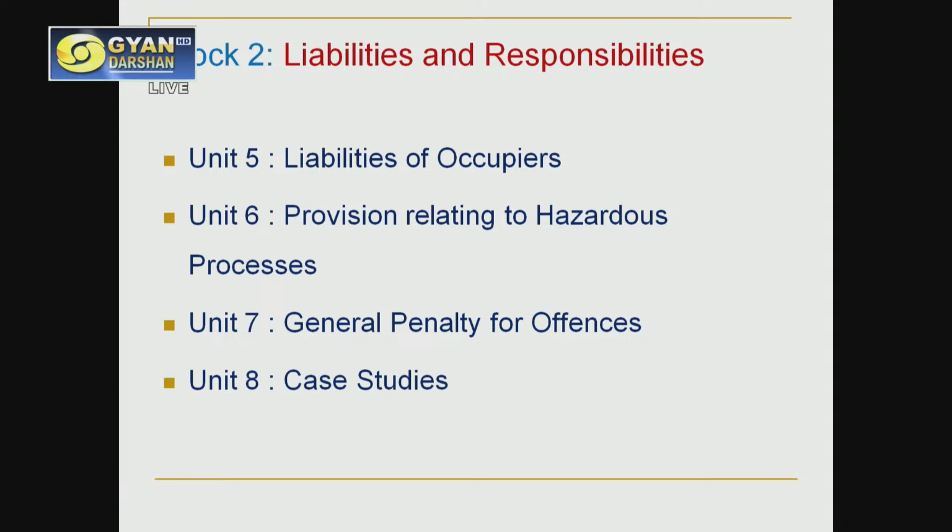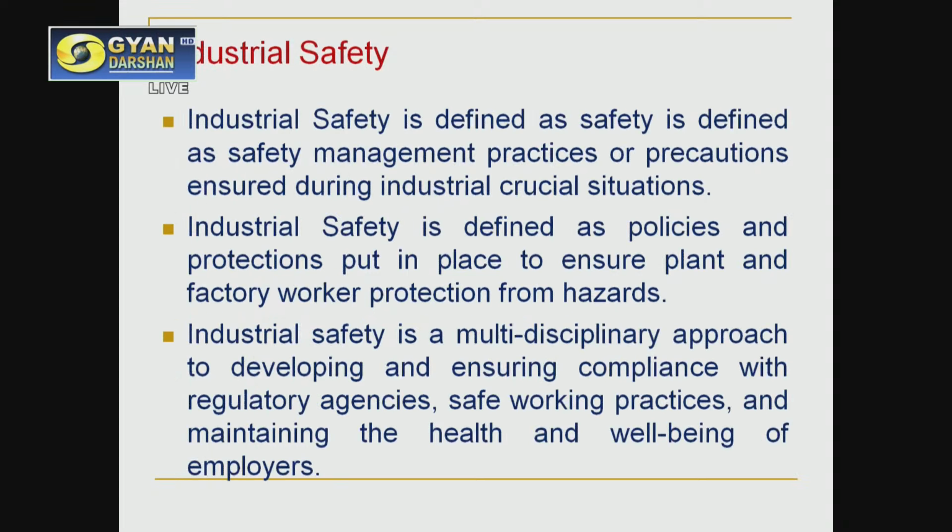Block 2 has another four units and is named Liabilities and Responsibilities. Unit 5 describes the liability of occupiers, Unit 6 states the provisions relating to hazardous processes, Unit 7 covers general penalties for offences, and Unit 8 studies various case studies. These are Block 1 and Block 2.